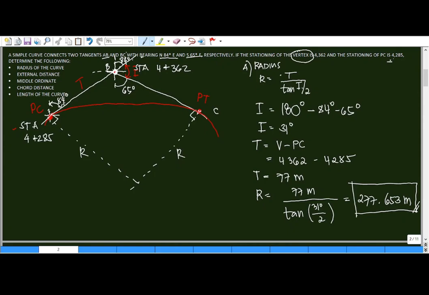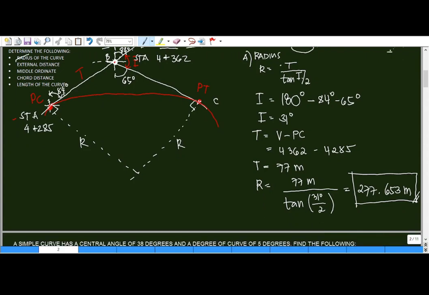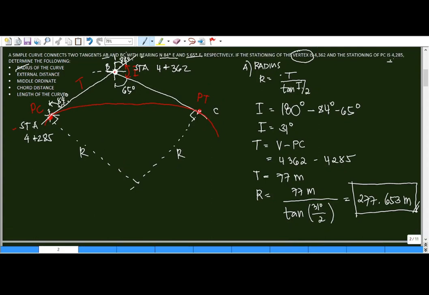Okay, so nasolve ko na yung first na requirement, that is the radius of the curve. How about the external distance? So to solve for the external distance, let me just erase this one.